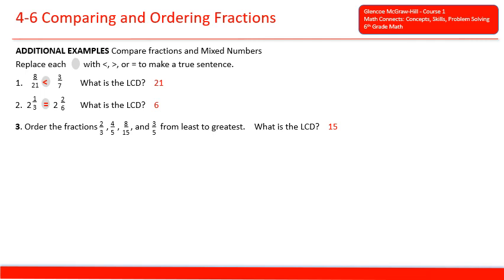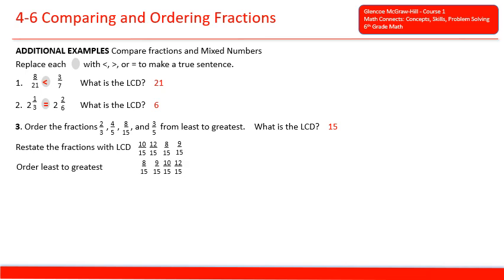So anyway, LCD is 15. And if we multiply all of those out, we have the equivalent fractions right there. And then if we order them from least to greatest, we have 8/15, 9/15, 10/15, and 12/15. And then if we restate them as their original fractions, that's the order.